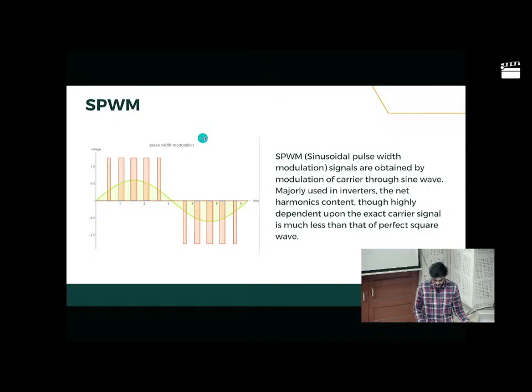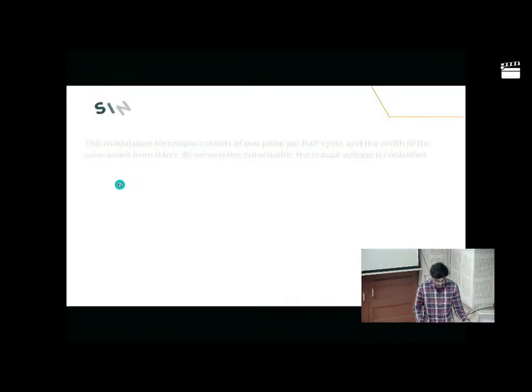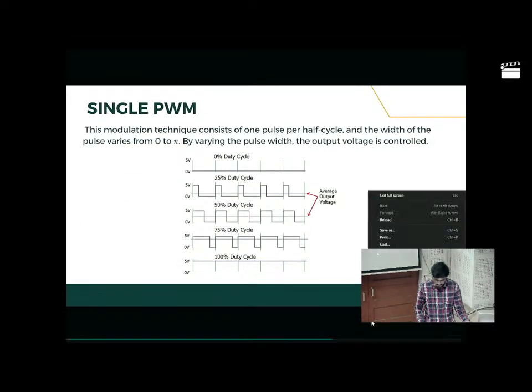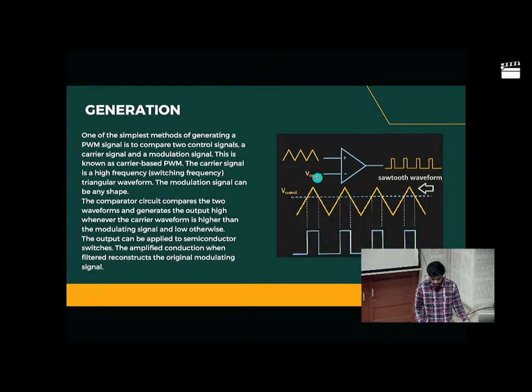Sinusoidal pulse width modulation is generated just the same as normal pulse width modulation, with the difference that we use a sine wave as the control voltage instead of a constant. So in the control waveform, instead of providing a constant signal, we provide a sine wave.